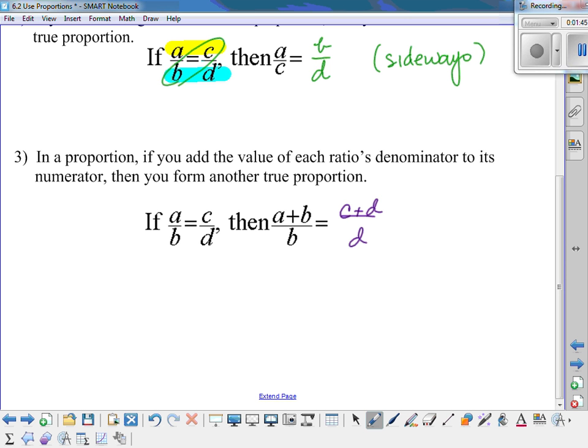Now, at first you look at that and you think, that doesn't seem like it should work. But it actually does work if we go through and figure out the cross products for both sides.